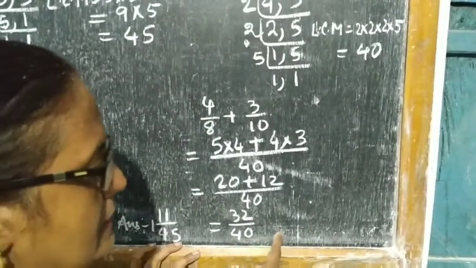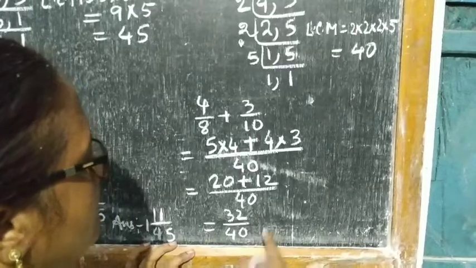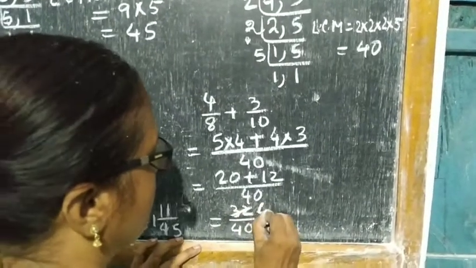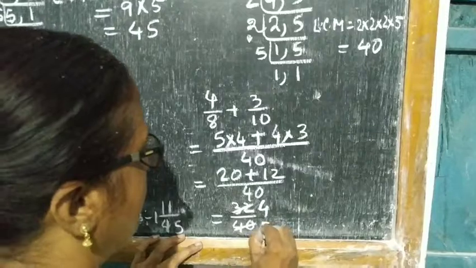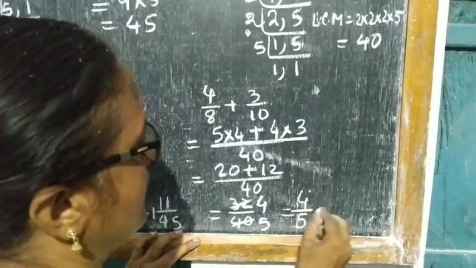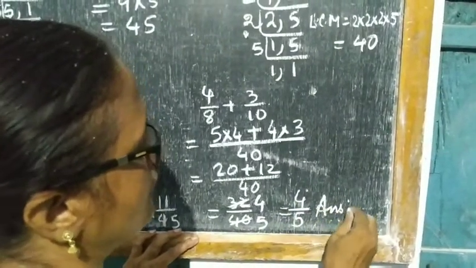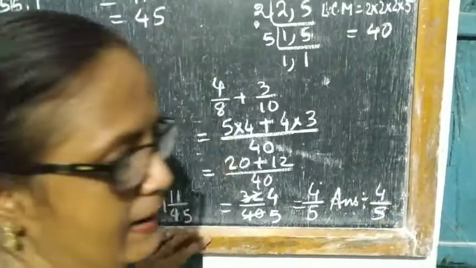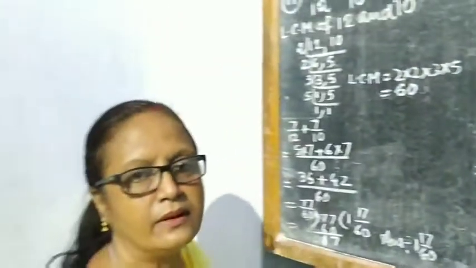Again 8 5s are 40. So 8 will be cancelled. So here it will be 4 and here it will be 5. So answer will be 4 by 5. You have to write the answer in the simplest form. So it will be 4 by 5.